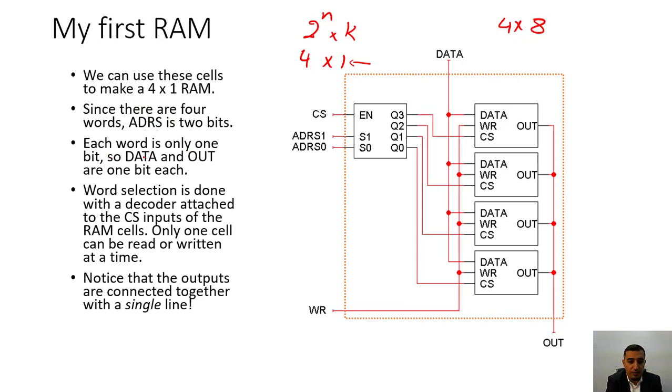Each word is only 1 bit, so data in and out are 1 bit each. Word selection is done with a decoder attached to the chip select, and of the RAM cells, only one cell can be read at a time. Notice that the outputs are connected together to a single line because we have 1 bit, so you will have only one output over here.